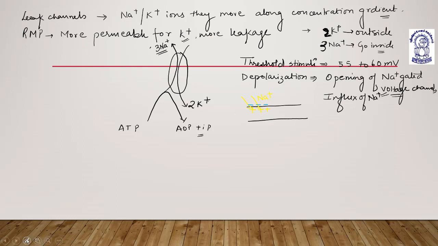The other part maintains its electrical nature as previous. So it is a step by step process. It is not that the whole nerve receives the stimulus and undergoes depolarization at the same time. Inside of the membrane it becomes positive and outside becomes negative. This is known as what? Action potential.